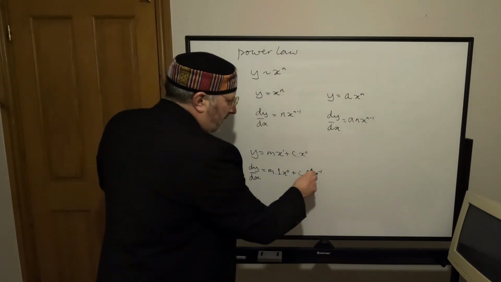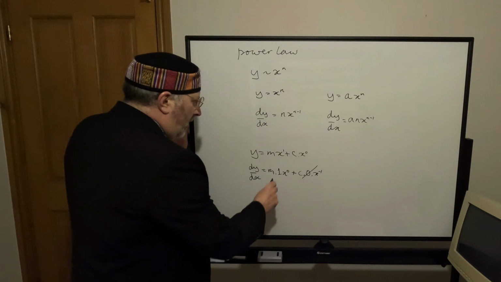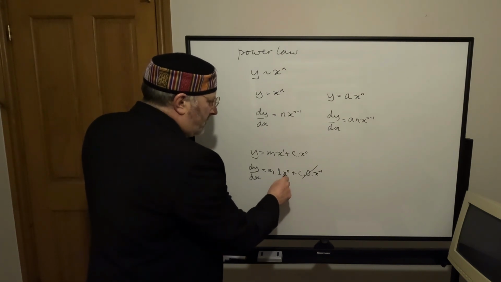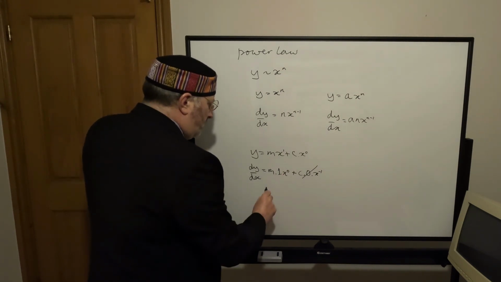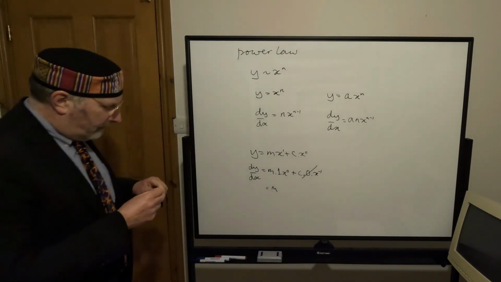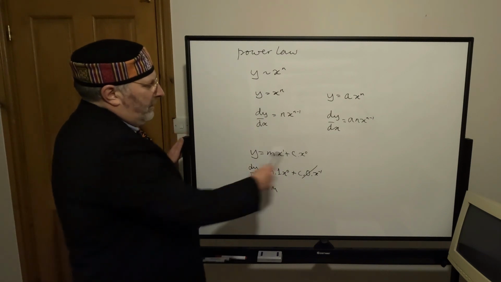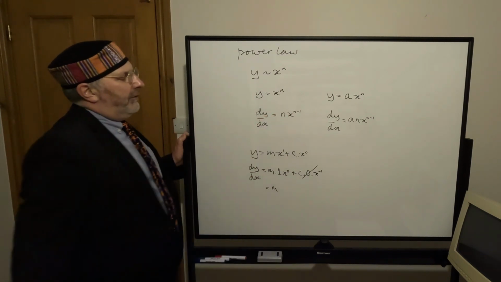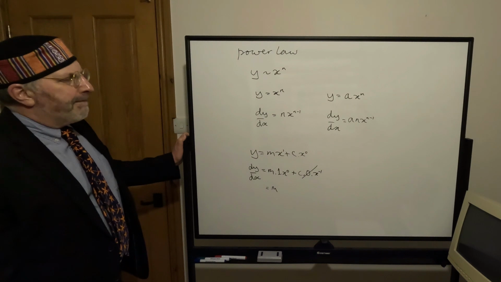And 0 times anything is 0, so we get rid of that. 1 times x to the 0 is 1, so we get dy by dx equals m. So the linear relationship is a special case of the power law.